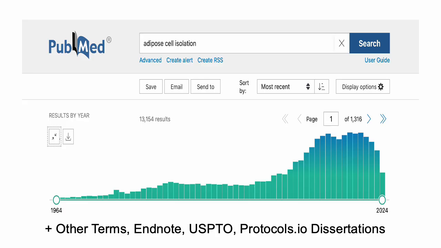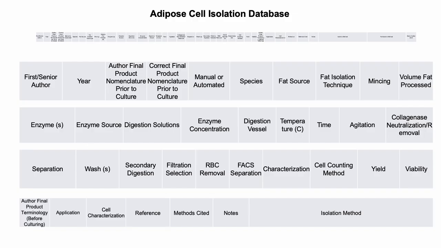And many of these publications do describe variations in methods for the isolation of cells from fat using enzymatic as well as non-enzymatic methods. Now, what I've been doing is reviewing all of these papers, and I've created a database, and here you see the headers for this database.